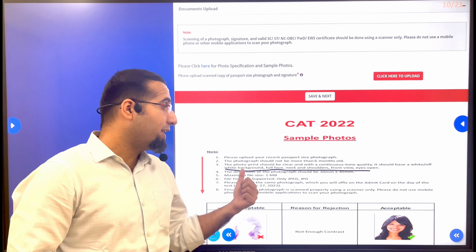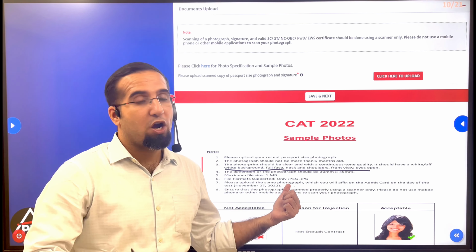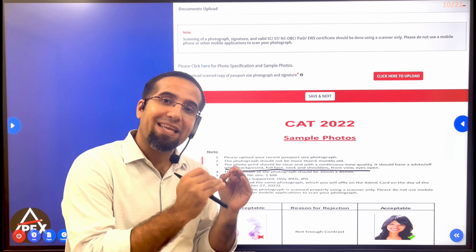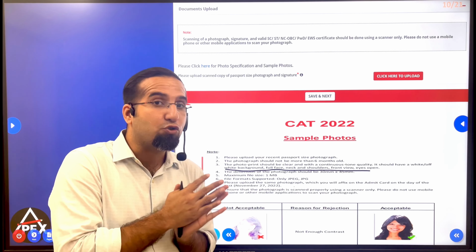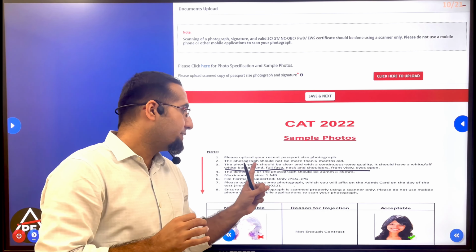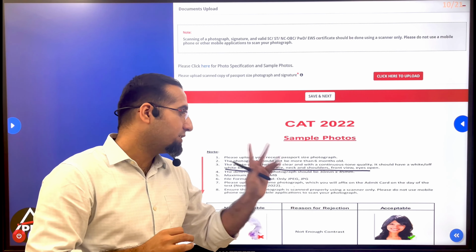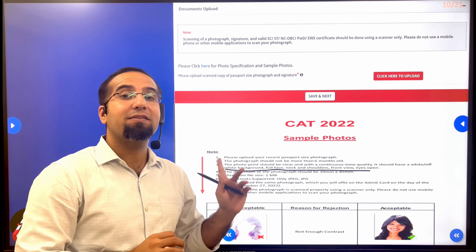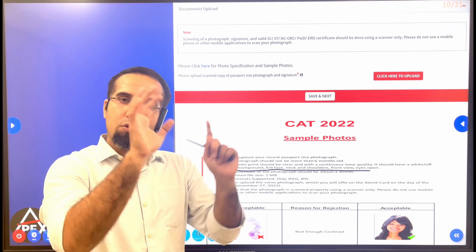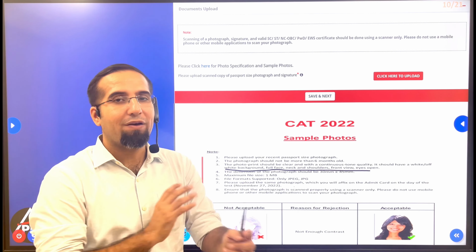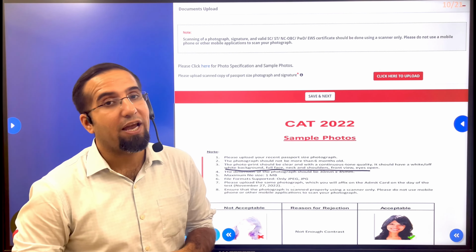The file size should be 1 MB, and I would advise you to go and get a freshly taken passport size photograph at the studio. Ask him that you need it in JPEG or JPG format with a file size of 1 MB. That person will give you an original with proper resolution, as well as a reduced size photograph.